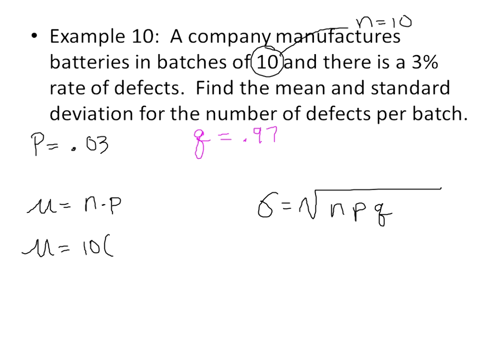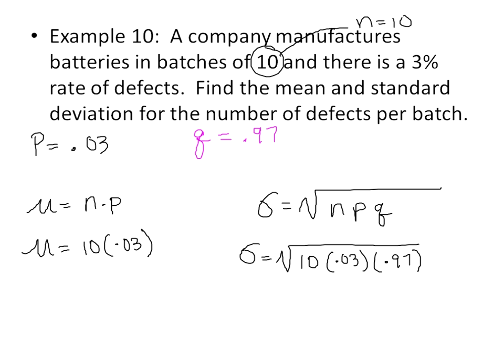So for the mean, it's just n times p, so that's 10 times 0.03. And then for the standard deviation, it's the square root of n times p times q.